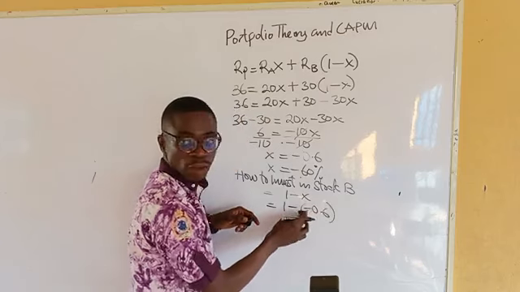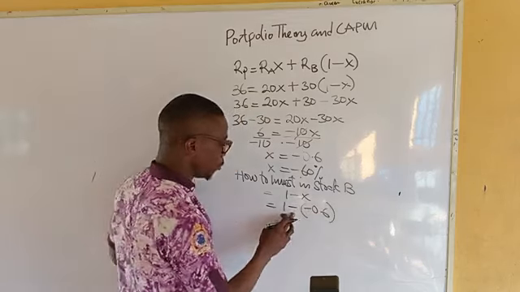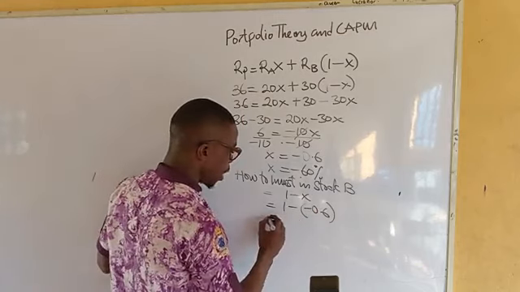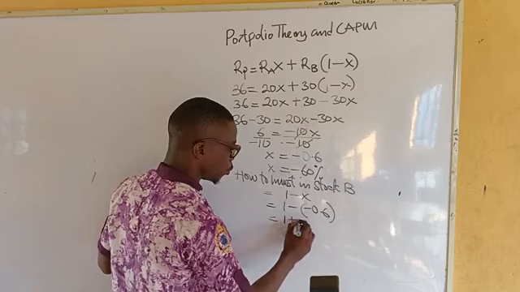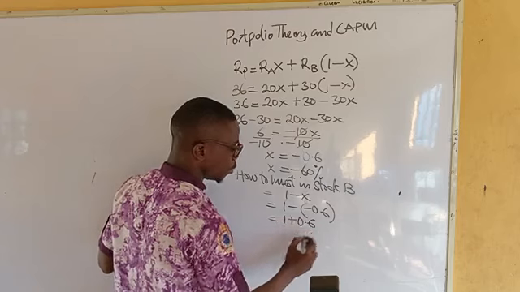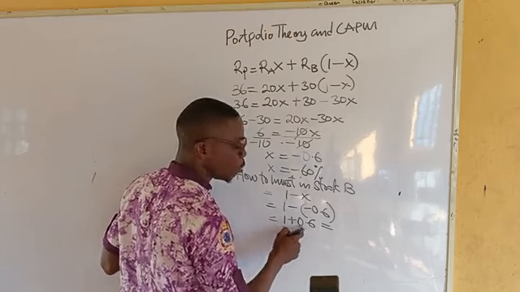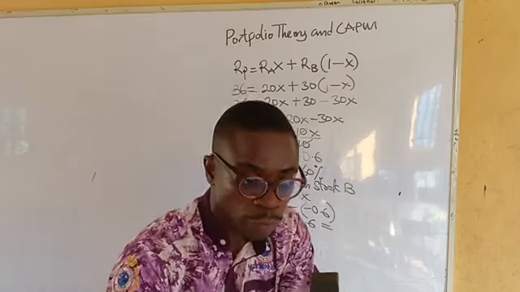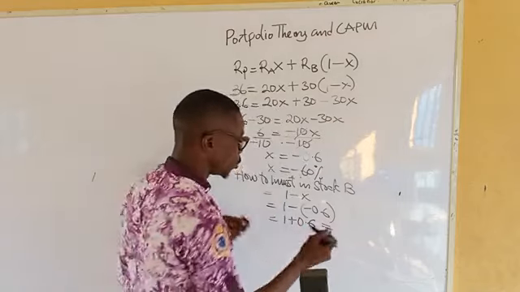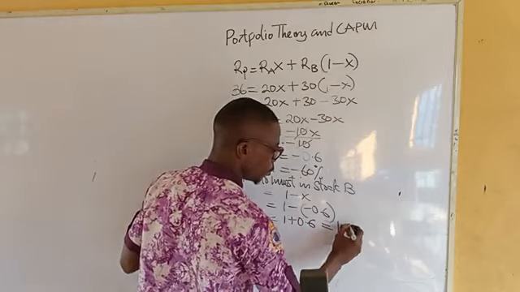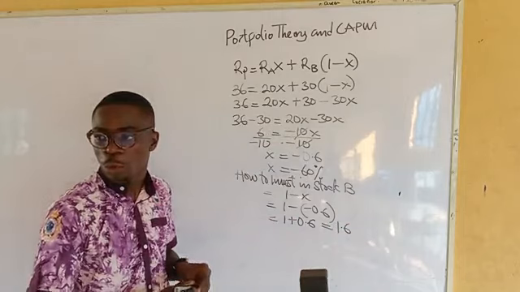So minus times minus will give us plus. So we have 1 plus 0.6. So how much are we going to invest now? 1 plus 0.6 will give us 1.6. Are we together now?